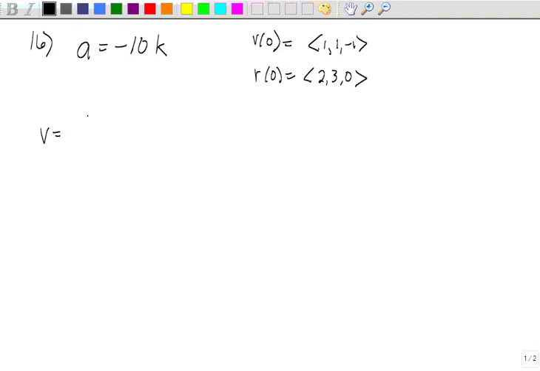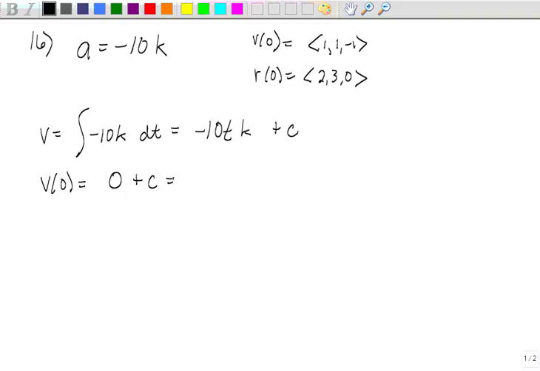So velocity is the integral of acceleration. But v of 0 is 0 plus c, but that's given to be the vector 1, 1, negative 1.